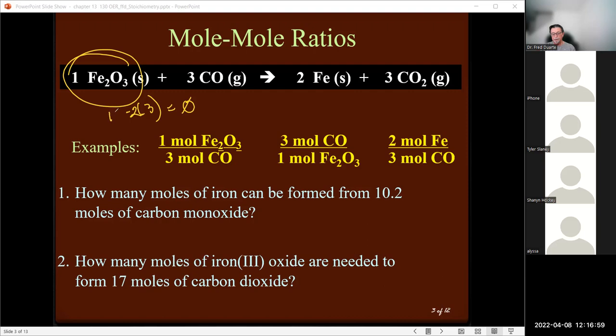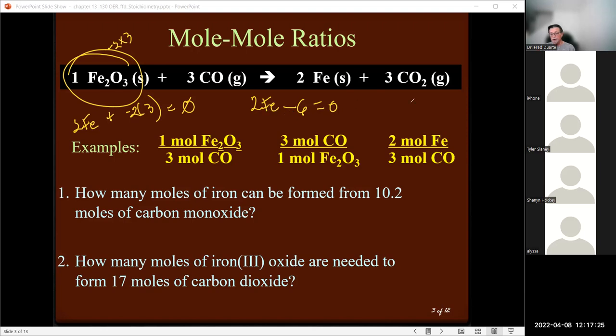But we also know that there are 2 irons. Okay, so we can generate a very quick, simple algebraic equation where we have 2 irons minus 6 equals 0, because each oxide is a -2 and there are 3 of them, so we get a total of -6.